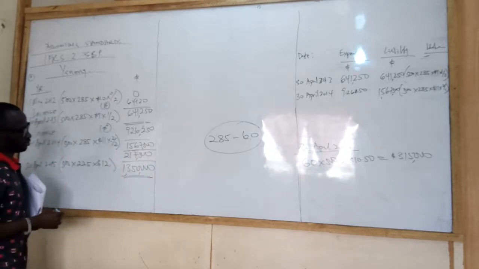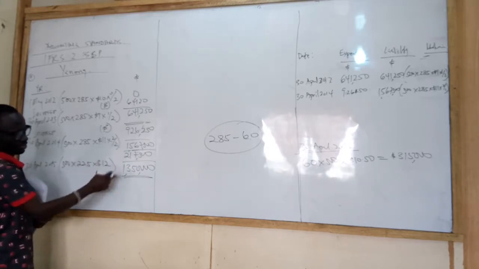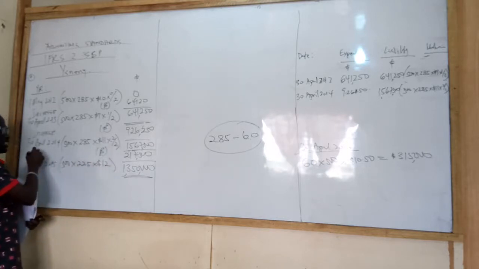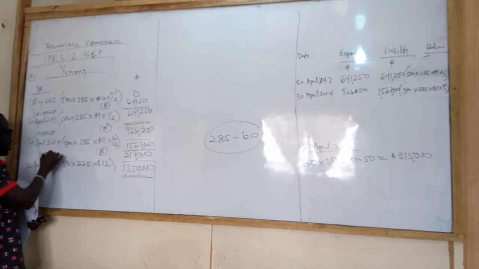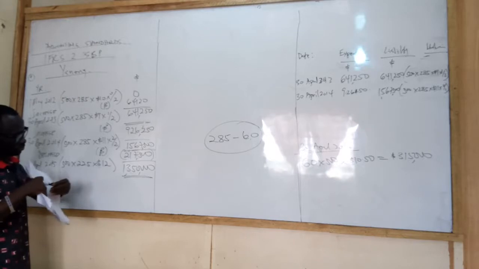Are you sure? What are we subtracting? This is from this now. But what do we see? There is a reduction, right? It's a minus. Now look at it closely.